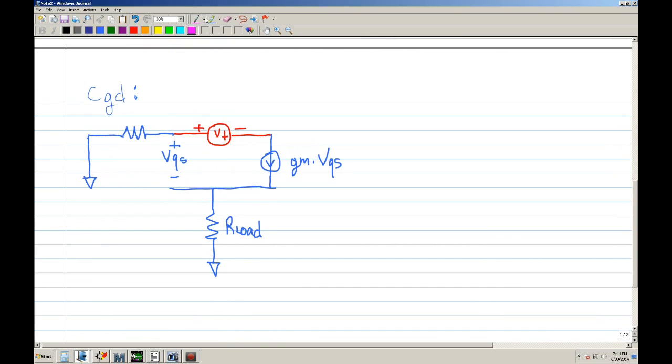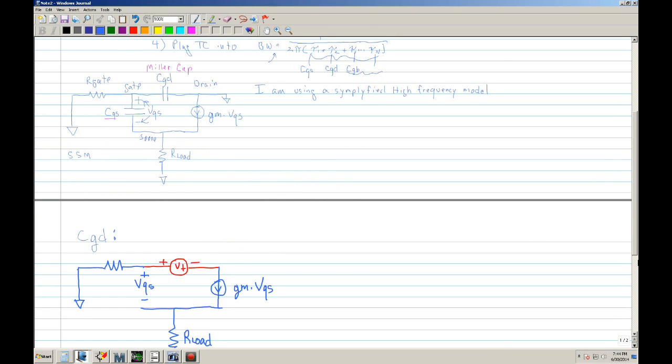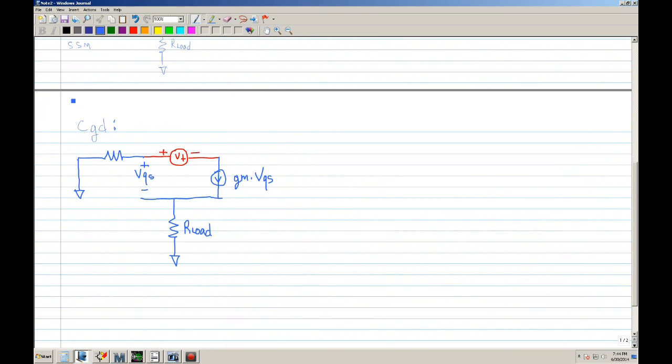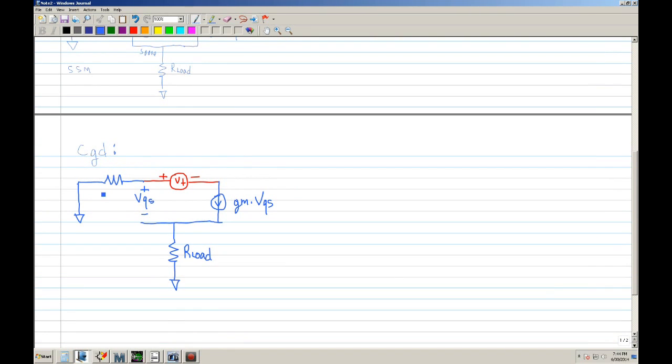Let me adjust this. This resistor would be your R gate, and where the first capacitor, the gate to source capacitor, was, we'll go ahead and leave it open.